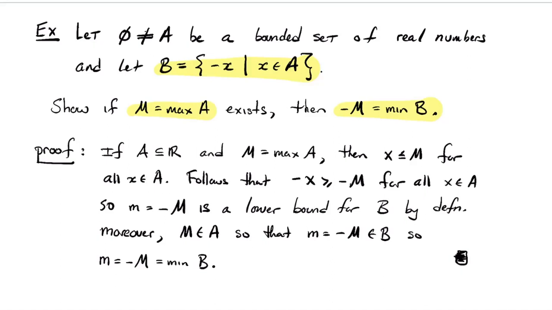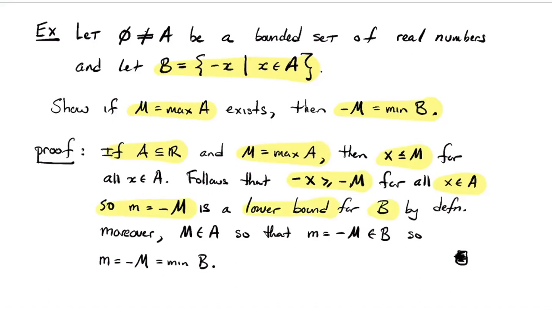If we take some subset of the real numbers and we call its maximum M, well then first of all, every element of A is less than or equal to that maximum. So by order properties, the opposite, negative x, is greater than or equal to negative m for all x in A. And that means that this number, negative m, is a lower bound for B by definition.